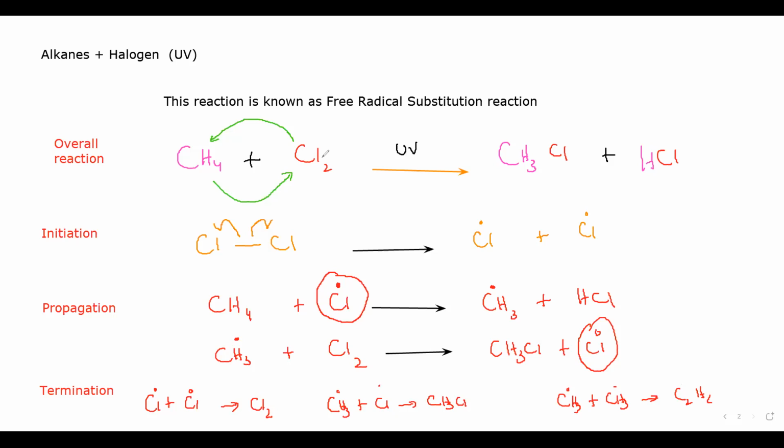As you can see, the reaction was proceeding because of the free radicals. If the free radicals are stopped, then the reaction will also stop. Is it clear? This is the mechanism of free radical substitution reaction for alkanes. I'll give another example.